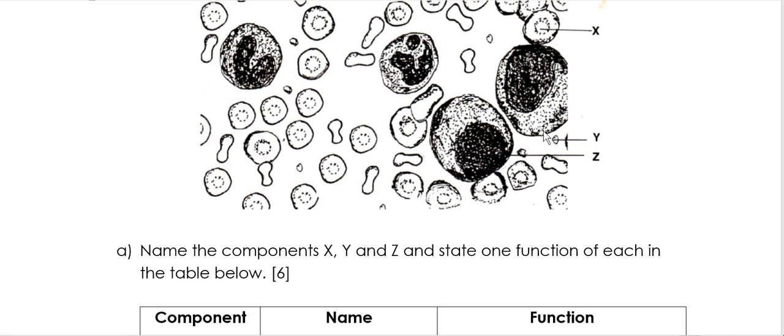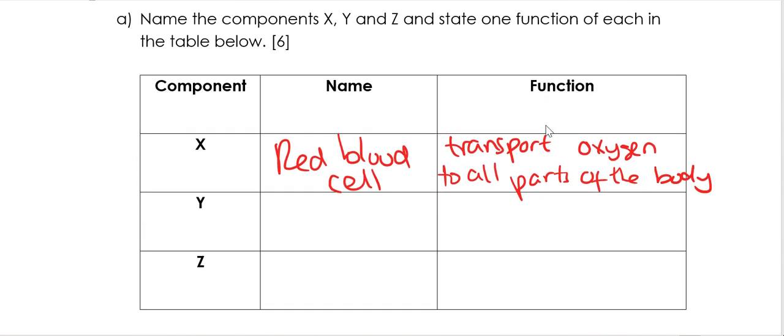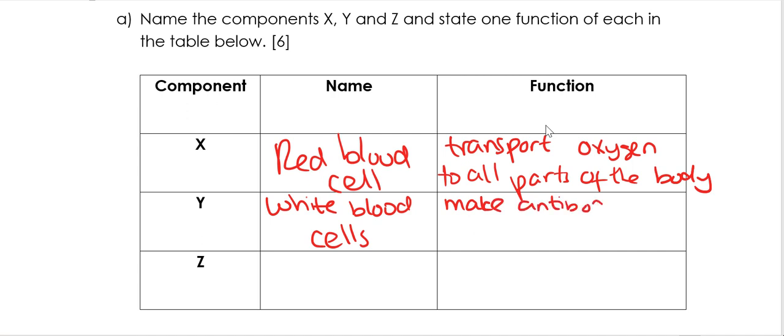Okay, Y right here, that one is definitely a lymphocyte, this one's a phagocyte, but they're both white blood cells. So you write down the main function is to, let's see, white blood cell, so to make antibodies.